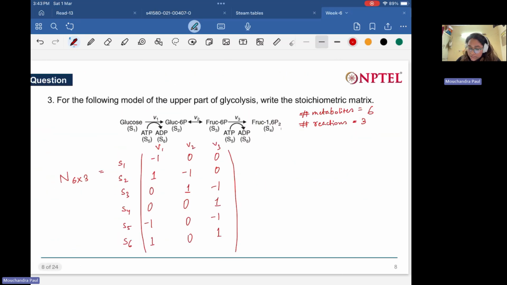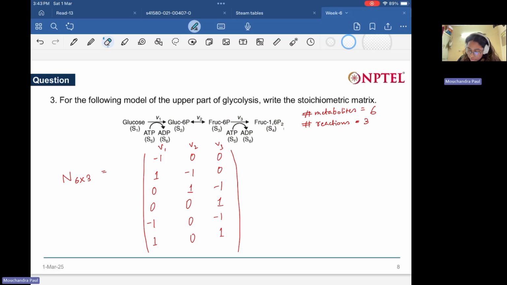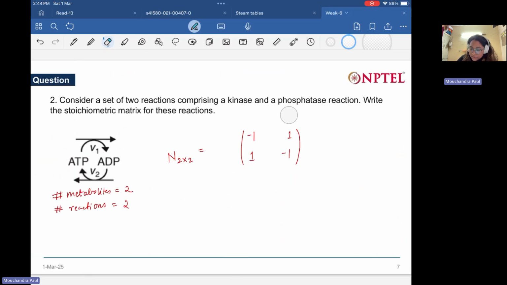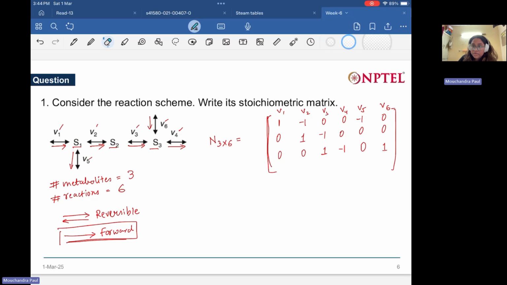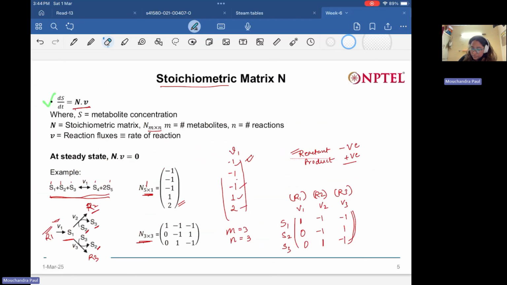Your answer won't have these additional left-most column and the top row. Okay, these two won't be present in your answer. So these are just for guidance, so that I don't stray away and write a wrong stoichiometric coefficient in the matrix. Okay, I just wanted to make it clear.